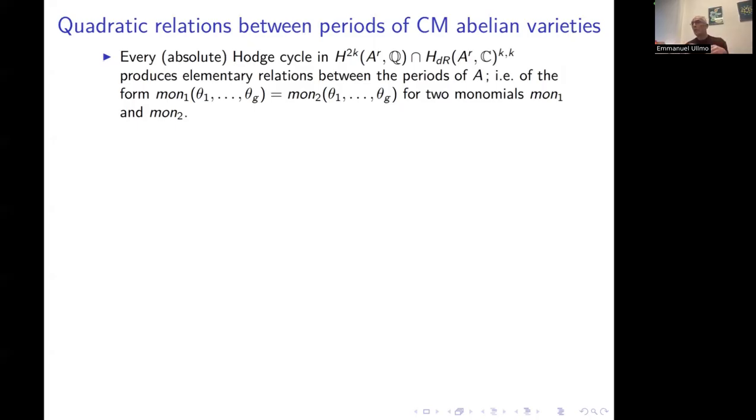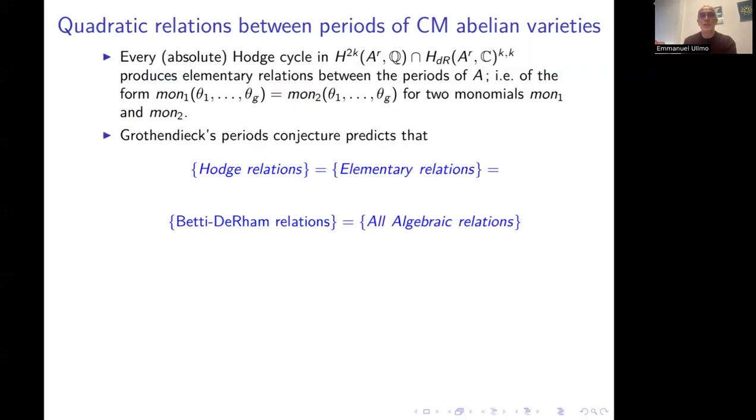So typically, theta 1 theta 2 is theta 3 theta 4, or theta 1 theta 2 theta 3 is theta 4 theta 5 theta 6, these kinds of things. So in principle, you expect that there are no other basic relations than these.